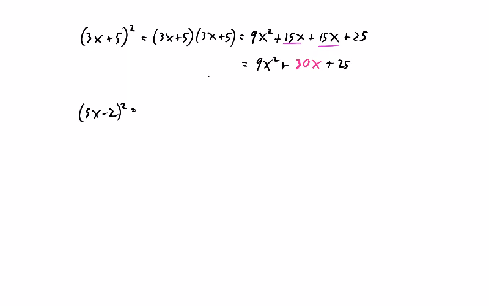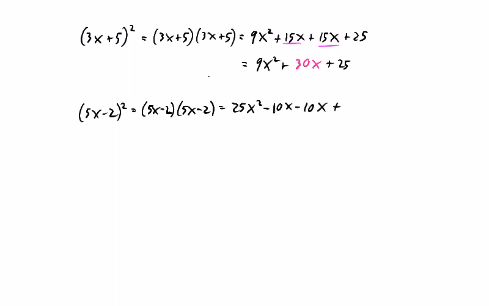So if I have the quantity 5x minus 2 squared, we get the quantity 5x minus 2 times the quantity 5x minus 2. This time we have a subtraction to look out for. So the first term in our expansion would be 25x squared. The second term would be minus 10x, as would the third term.